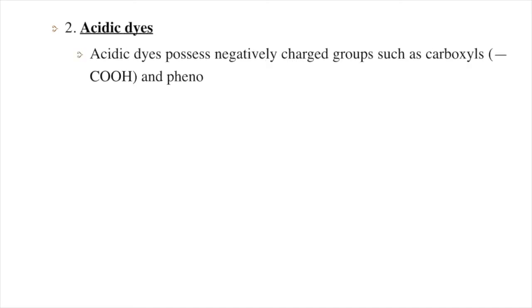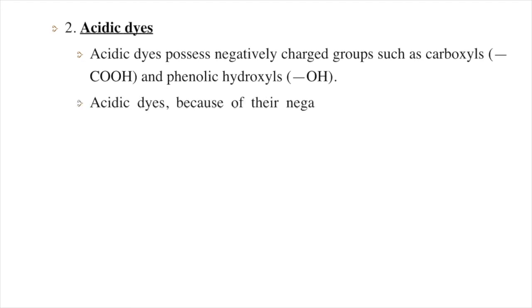Next we move on to the acidic dye. From the name itself you understand that acidic means it has acid groups or hydroxyl groups. Acidic dyes possess negatively charged groups such as carboxyls and phenolic hydroxyls. So the acidic dyes have negatively charged groups. What are the groups? The carboxyl and phenolic hydroxyl groups.